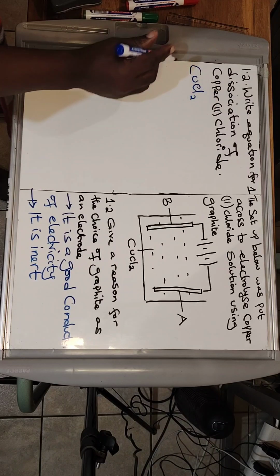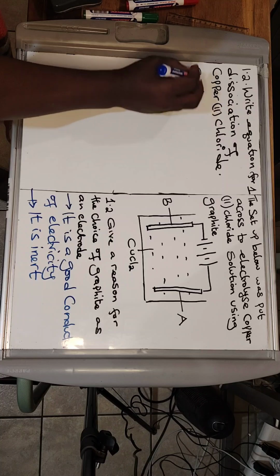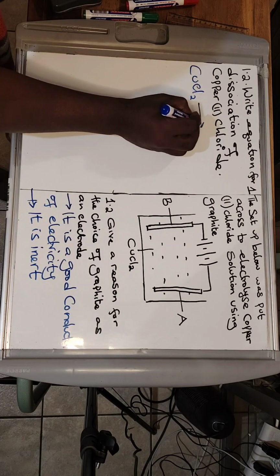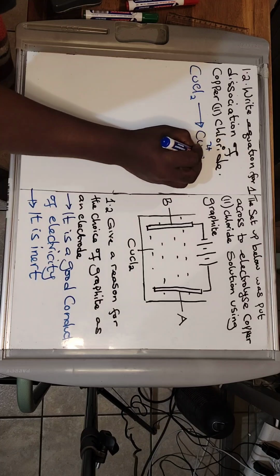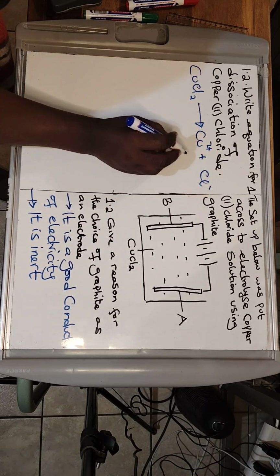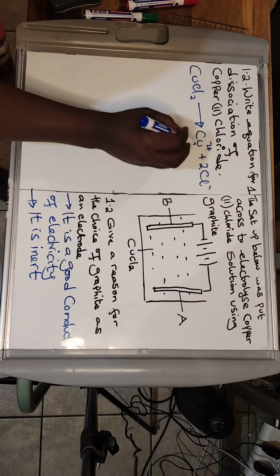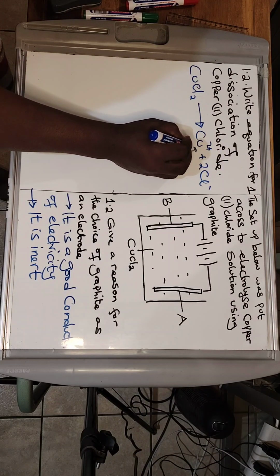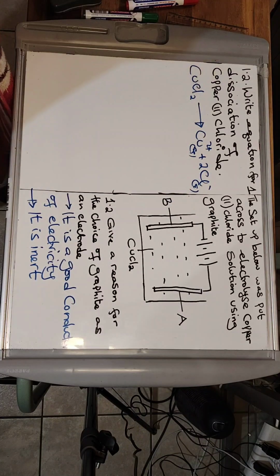That's the formula, because copper has a valence of 2 and the chloride has a valence of 1. So when it dissociates, it gives you copper 2 ions plus chloride ions. Because of these two, we put a 2 here to balance the equation. So that's what we have in the solution.